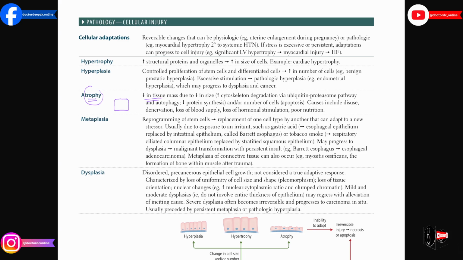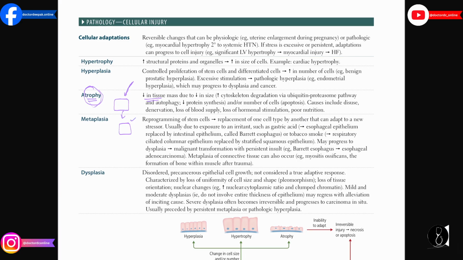So let's take the example of this tissue. If stress is applied, that will lead to decrease in size, and organ size will decrease. It is called atrophy. Atrophy simply means decrease in organ size, and when the organ size is decreased, it is called atrophy.